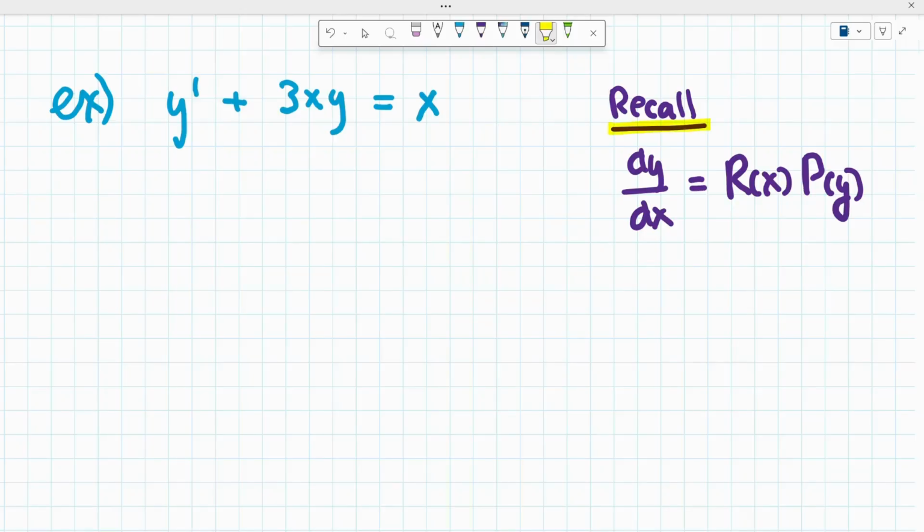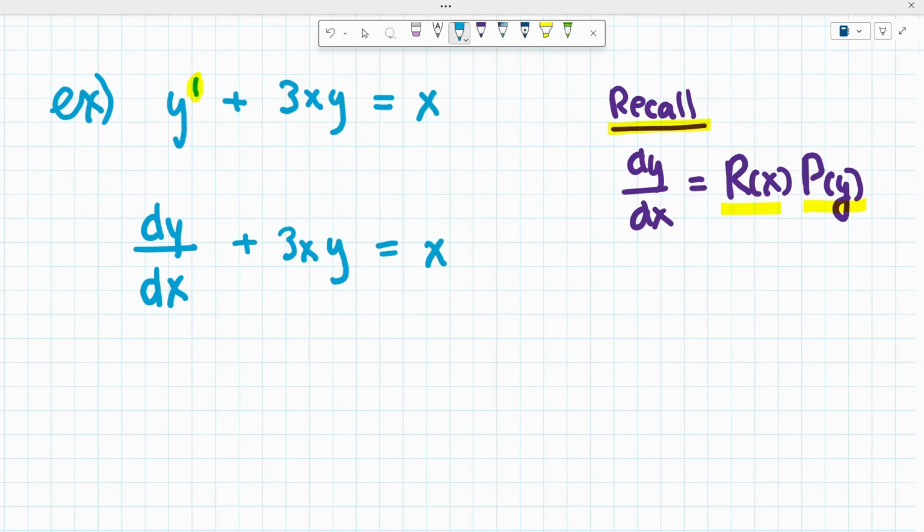Recall that our separable equations are in the form dy over dx equals some function in terms of x multiplied by some function in terms of y. So we can right away convert this prime notation into Leibniz notation, such that we have dy over dx plus 3xy equals 2x, meaning we have the derivative of y with respect to x.